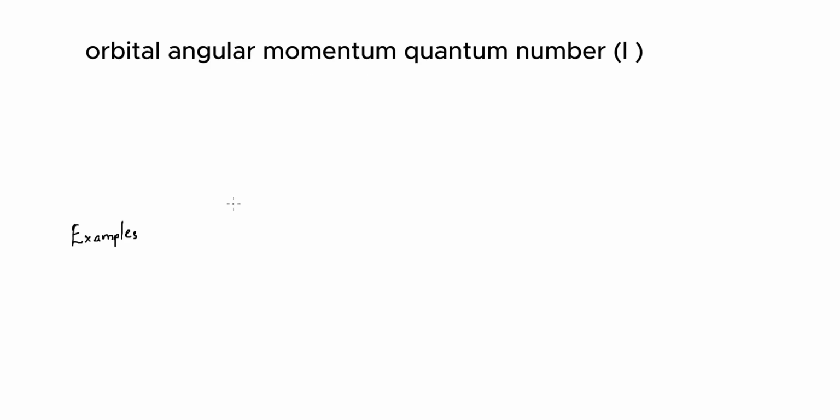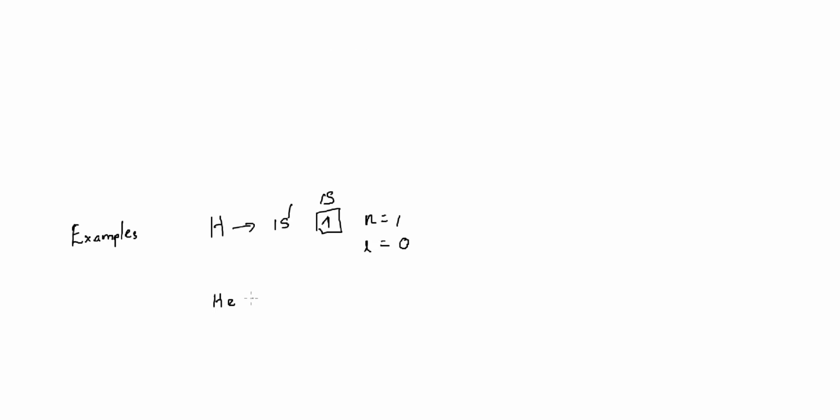For example, for hydrogen's only electron, n equals 1, l equals 0, since it occupies an s orbital. For each electron in helium, n equals 1, l equals 0, again due to the s orbital.